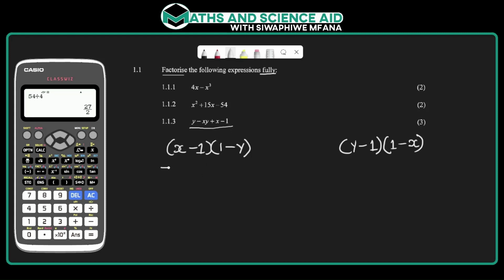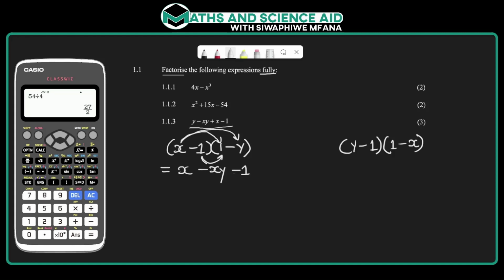So for instance, for this one, we can multiply x by 1 and we get x, and then multiply x by negative y and we are going to get negative xy. If we multiply negative 1 by positive 1, we get negative 1.